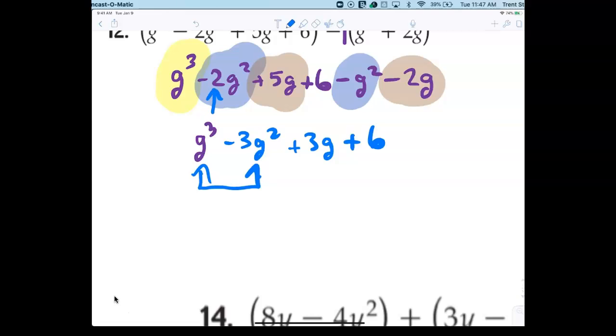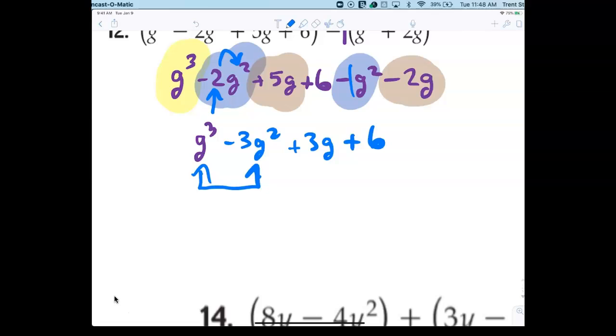The number in front tells you how many of these you actually have. So negative 2g squared minus 1g squared means I have negative 3g squared. All right, the only way you can add or subtract things is if those things are exactly the same.